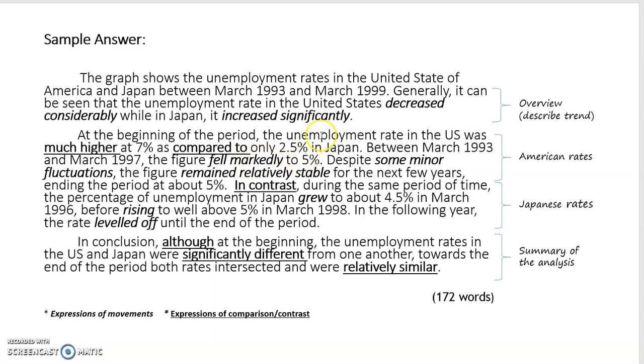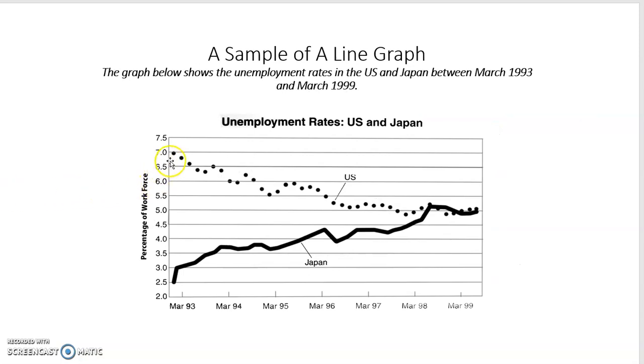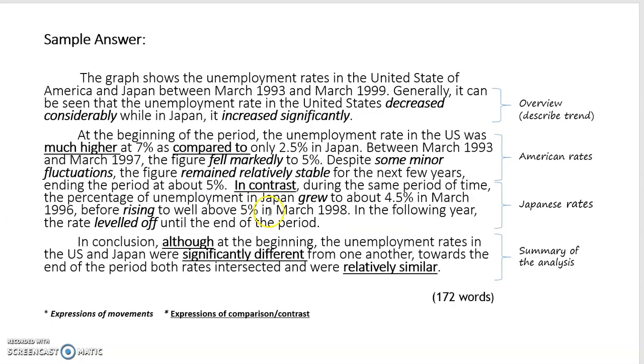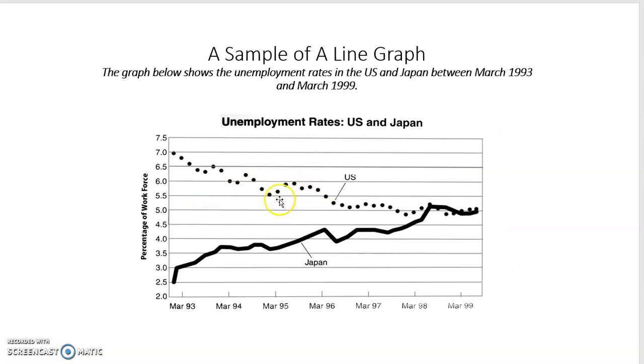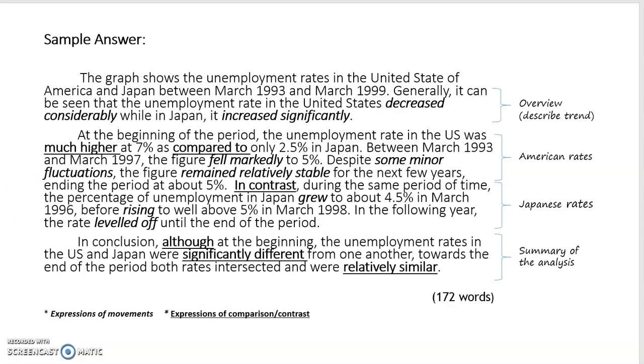Right, so this is for US. Okay, approximately 5% here. And then despite some minor fluctuation, the figure remain relatively stable for the next few years. So there's some fluctuation, but it is stable.